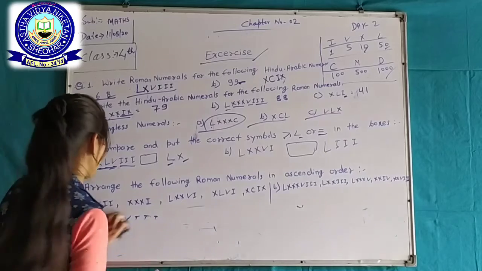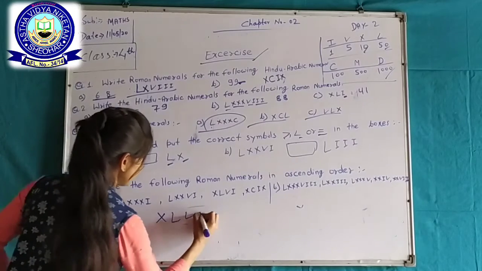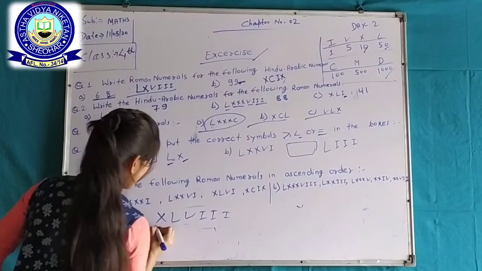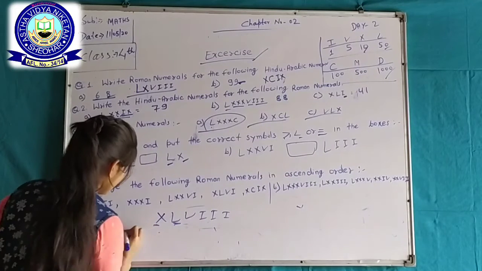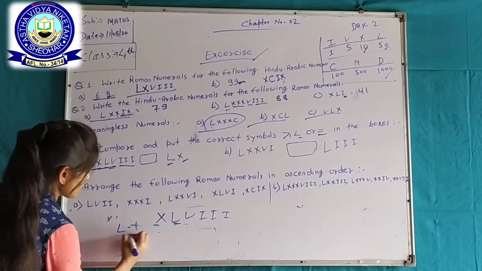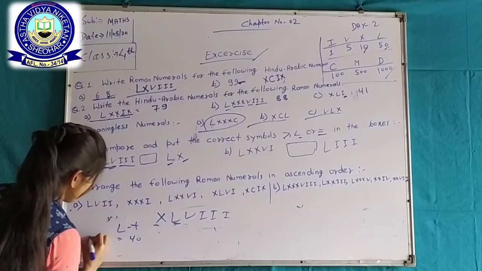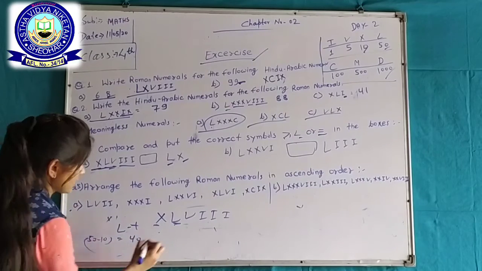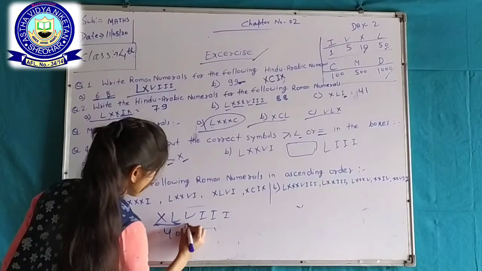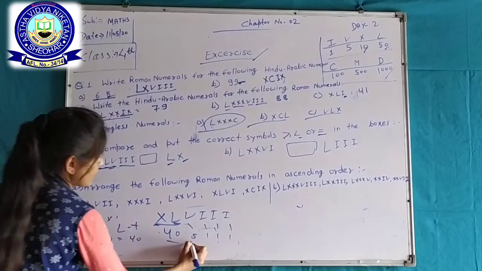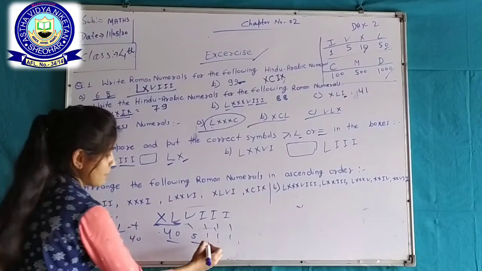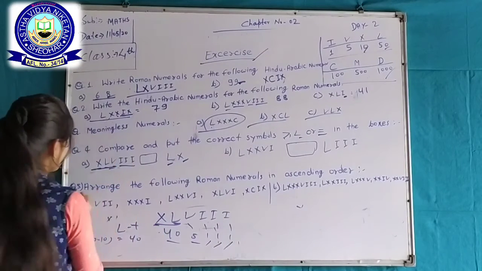Let's see here, XLVIII. X appears before this larger number, so it will be subtracted. So L minus X equals 40, means 50 minus 10. Here it will be 40. V means 5, I for 1, I for 1 and I for 1. 40 plus 5 is 45, 46, 47 and 48.